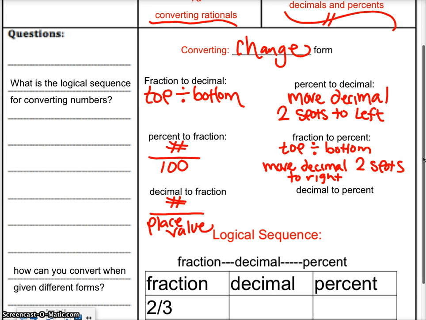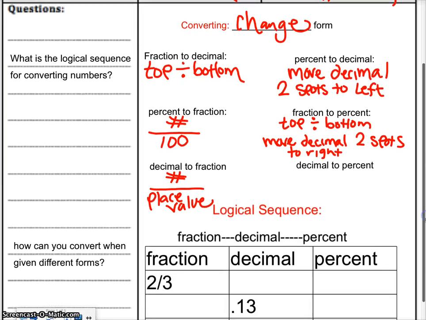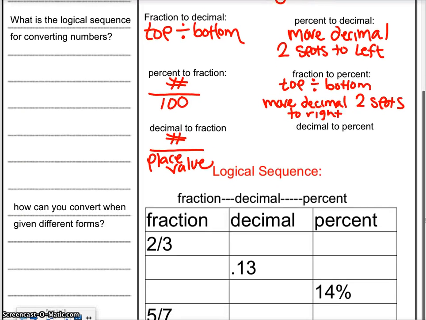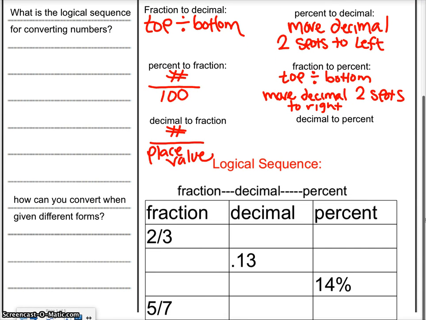If you got like 27 out of 30, I go 27 divided by 30, and then I move the decimal 2 spots to the right to tell me what your percent is. If you want to go from a decimal to a percent, you move 2 spots to the right.